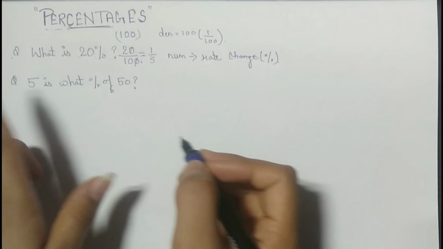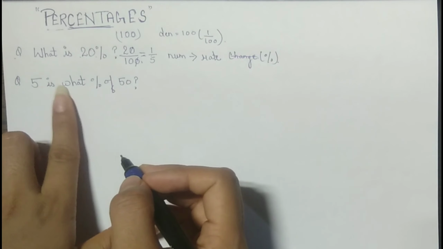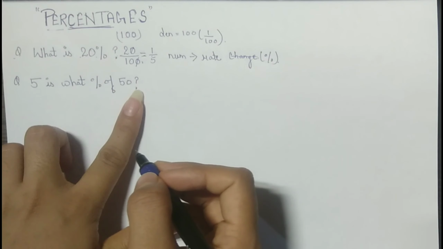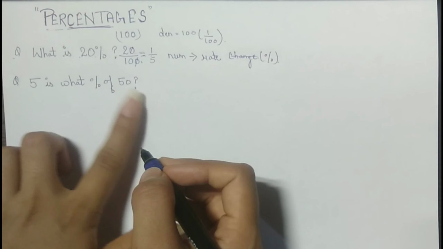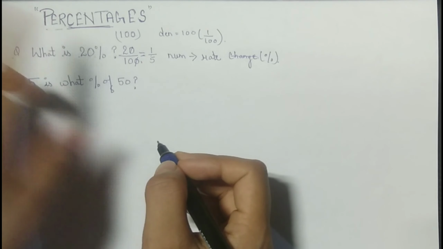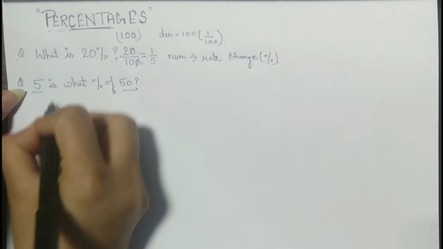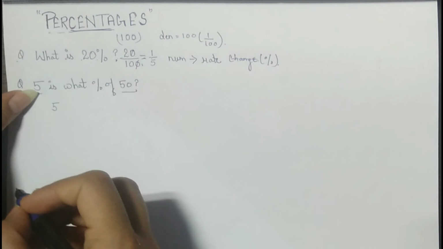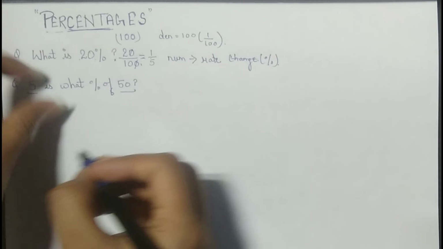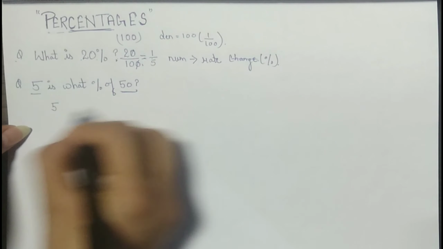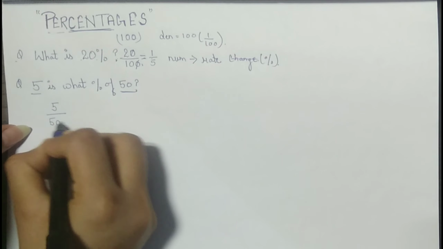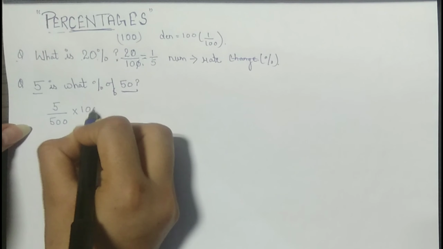Now, what if we get a question like this: 5 is what percentage of 50? That is also very simple. Write down the number which is given first in the numerator and the second number in the denominator, and multiply it with 100.